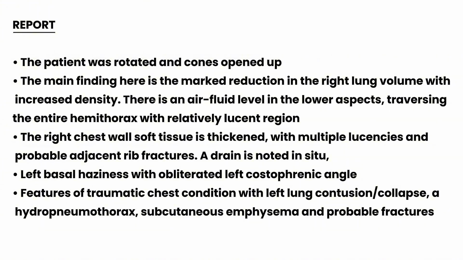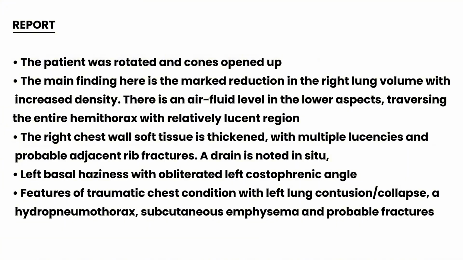This is a proposed report form, and quickly we note that the patient was rotated and the cones were opened widely. The main finding again, we want to hit first the biggest issue here, and then we say there is marked reduction in the right lung volume with increased density.